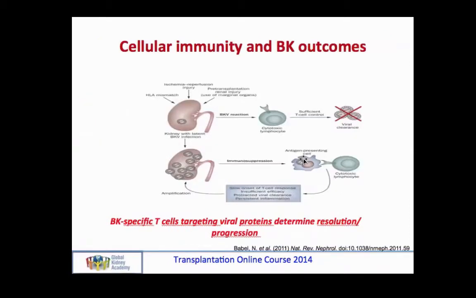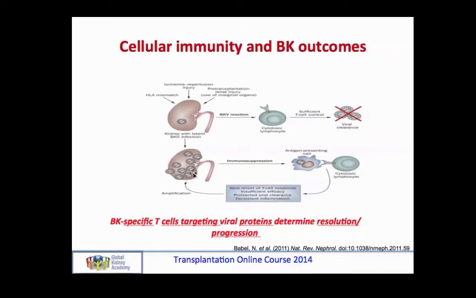So what does all that mean? Well, I think it basically means that you have BK-specific T cells that target viral proteins, and the development of BK-specific T cells is really what determines the resolution or progression of BK disease, of BK nephropathy, if you like. So you have a kidney with latent BK virus infection and a number of risk factors.